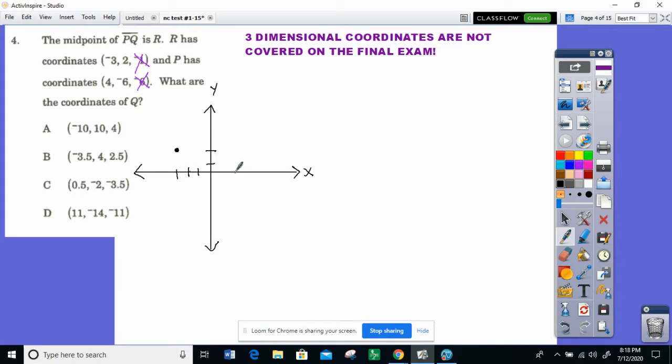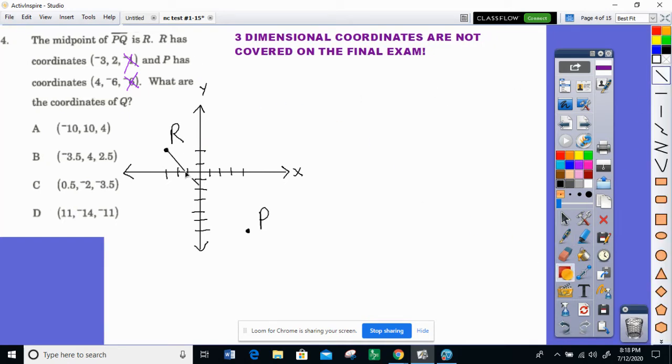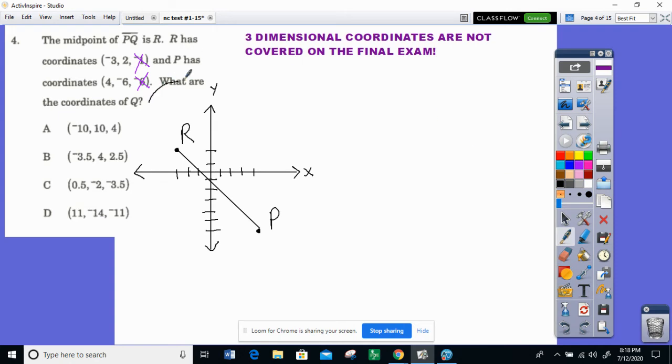R has coordinates -3, 2, and P has coordinates 4, -6. So there's R, and there's P. And we're looking for the coordinates of point Q. So we know that point Q is going to be somewhere up here in quadrant 2.